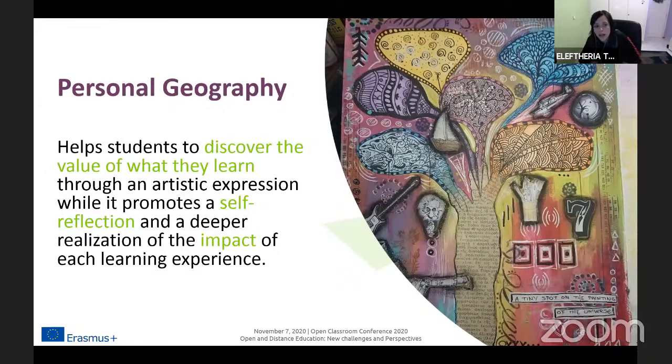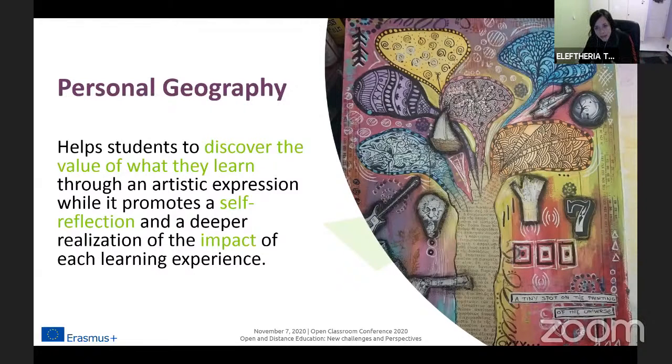So you make this kind of map. It doesn't necessarily, again, have to look like a traditional map. It's something completely artistic. And the aim is to help you discover the value of what you're drawing. So in this case, we're using it to make a knowledge map. Personal geography is about mapping what the student learns, and through that, discovering the value of what they learn through an artistic expression.